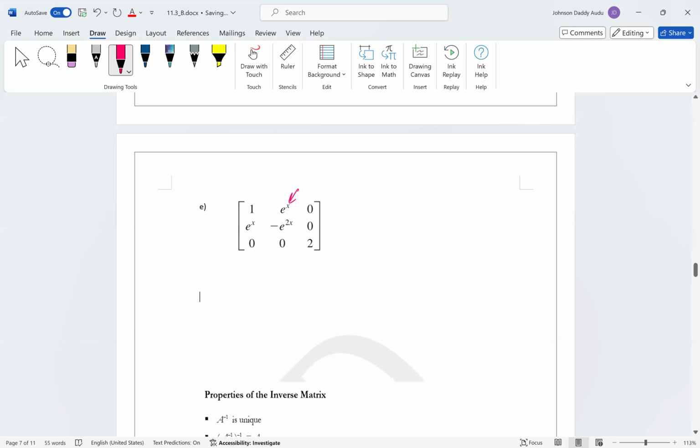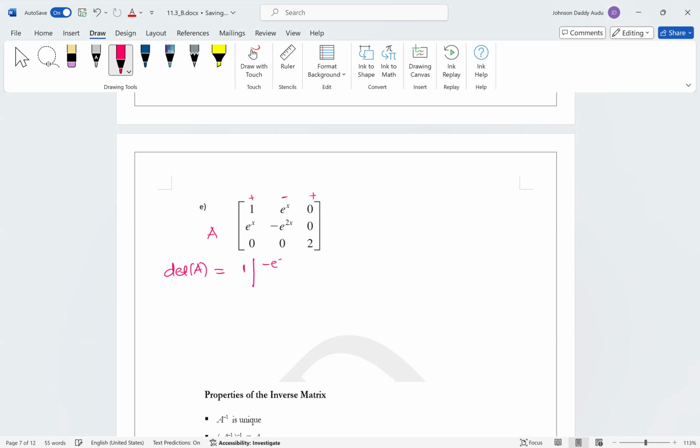You can find the determinant by using the Sarrus method. If you want to use the Sarrus method, you can go by this one. Okay, we know here is positive, here is negative, here is positive. So if you want to find the determinant of A, this winner is just going to be 1. Then you close this, you close that.